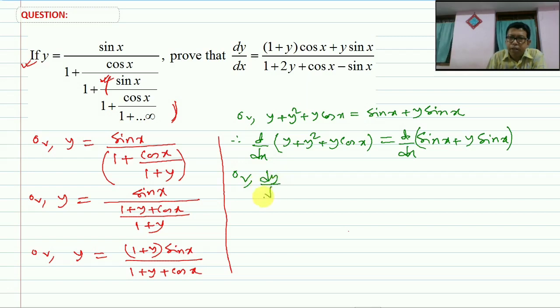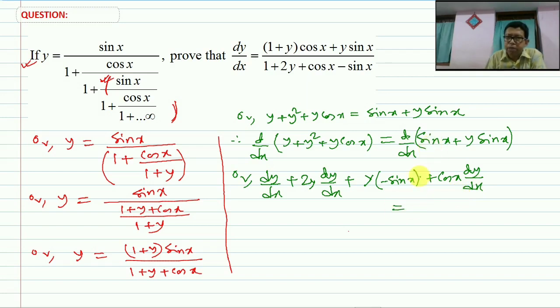This is dy/dx plus 2y dy/dx plus y into the derivative of cos x, that is minus sin of x, plus cos x into the derivative of y, that is dy/dx. And on the right side, the derivative of sin x is cos of x, plus y into sin x: y into cos of x, since the derivative of sin x is cos x, and the derivative of y will be dy/dx as usual.